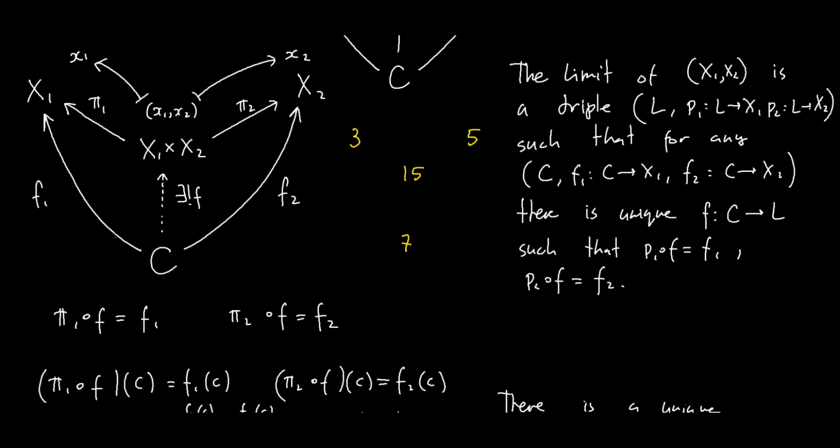Now when I say that for every f1 and f2 there is a unique f having a certain property, namely having this property, keep in mind that also the converse is true. If I start with some g, right, I can always compose the g with pi1 and pi2 to generate some g1 and g2.